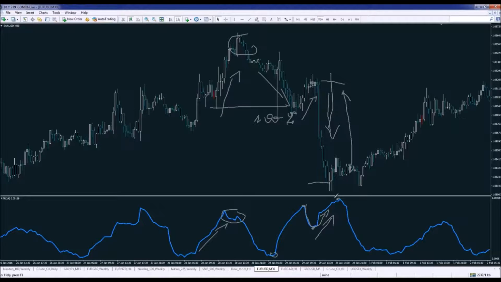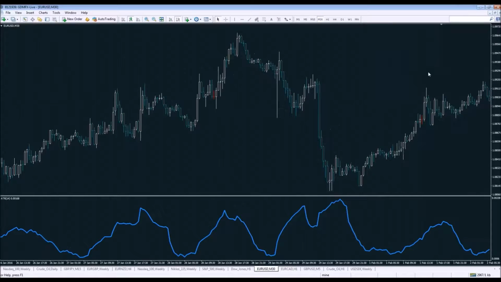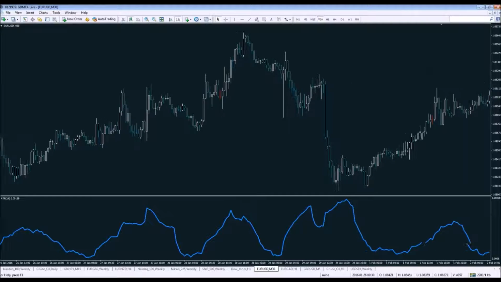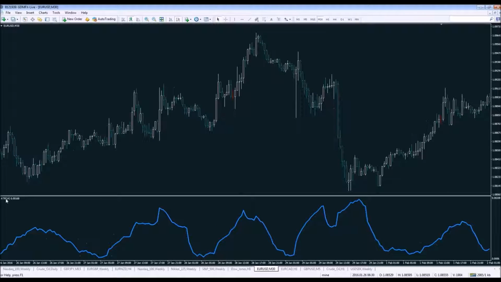Also, we need something to tip our odds in our favor, so we can pick the right moment when the market is ready to be traded. How to do that is very, very simple. We only need to implement a moving average. The only moving average we need is the same period as the average true range. That is a period of 14.